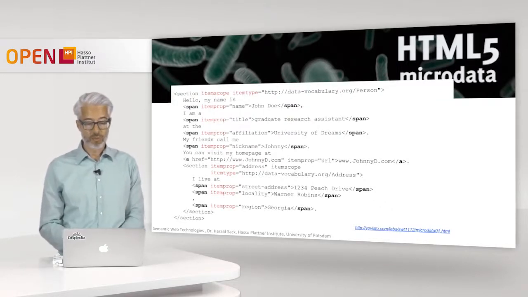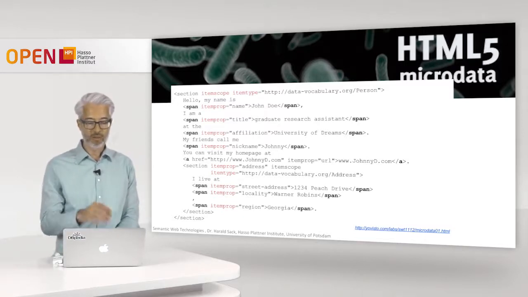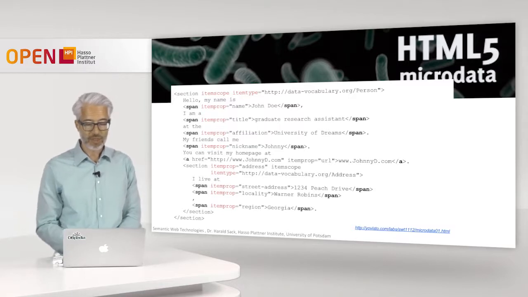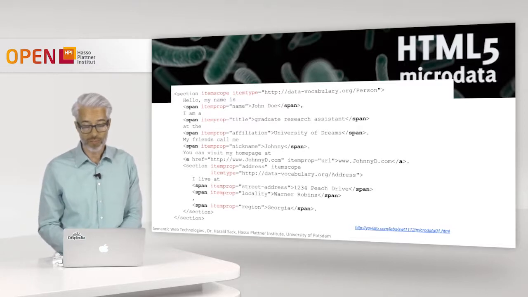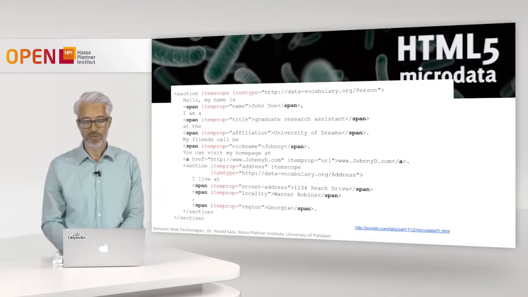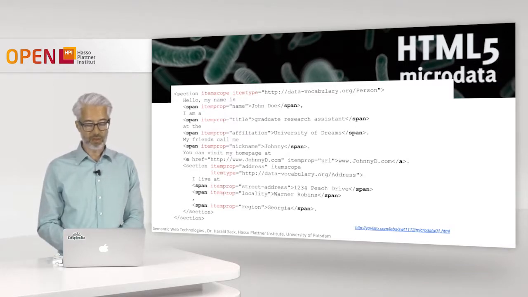So here, for example, we have annotated, again, some personal information with the help of microdata. And you see here, for example, we define an item scope here, which is given in that section. And then we have the item type, which is a person, which means we use here the vocabulary which is called datavocabulary.org/person. And then we have the property name, the property title, the property affiliation, and so on.